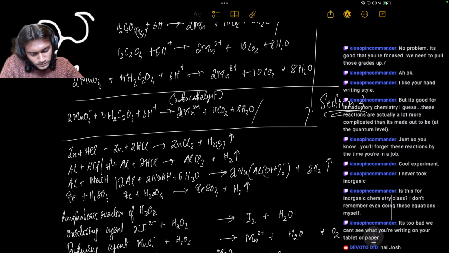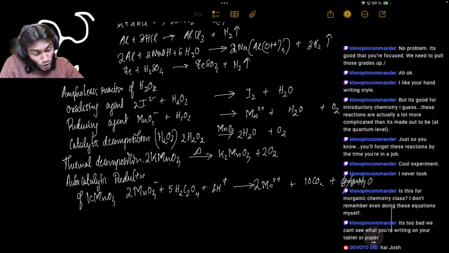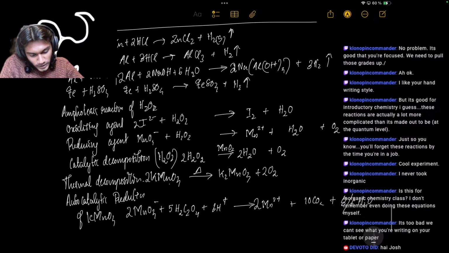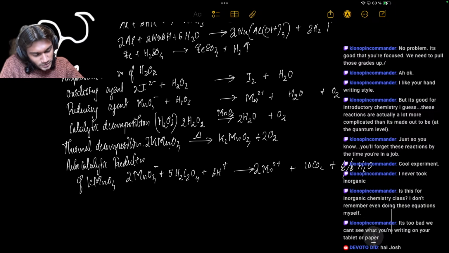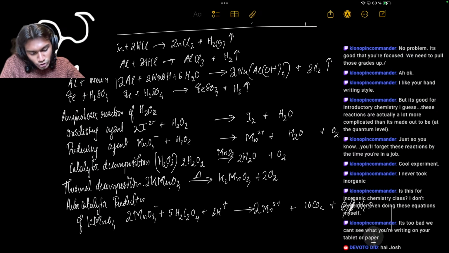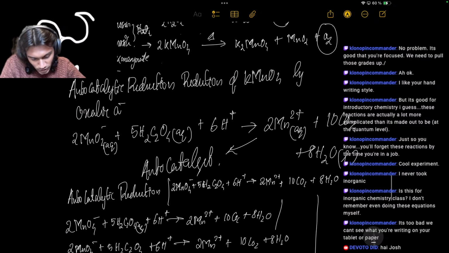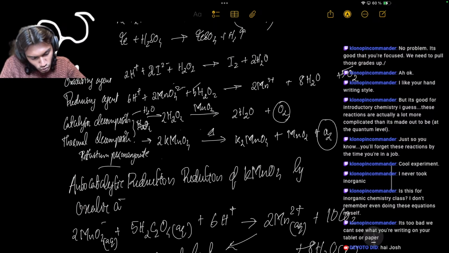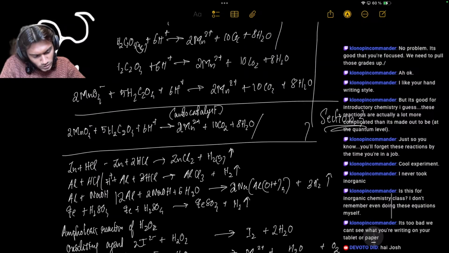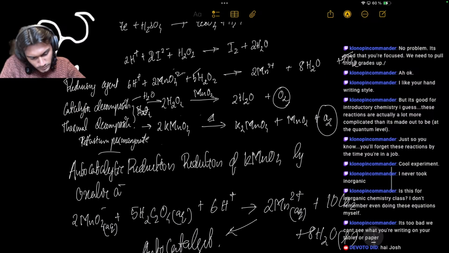Let me see. Oh, okay. We were almost correct. It was just this part. What I forgot, the hydrogen peroxide acting as an oxidizing agent. Okay, 2H2O. Oh, that's it. Reducing agent.